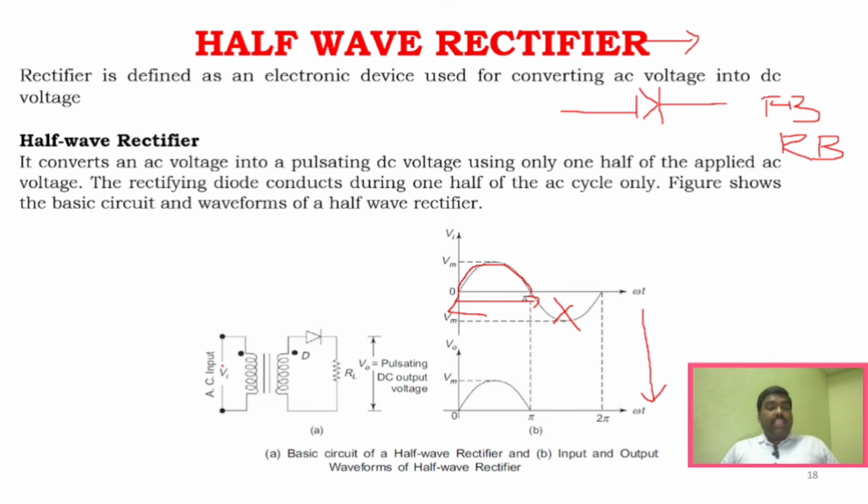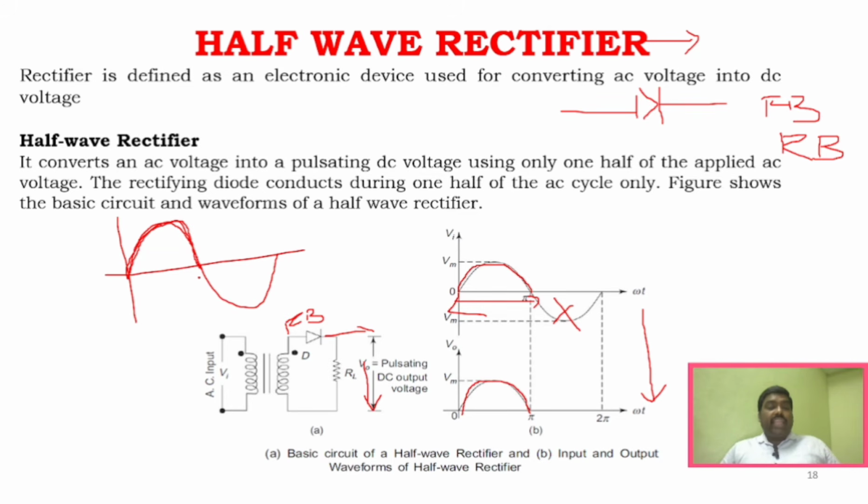Whenever you give an AC input, during the positive cycle of this AC input, the anode of this particular diode will be forward biased, and it will conduct. So it will allow the complete positive cycle to flow through this particular RL, and that is why we get this particular waveform.